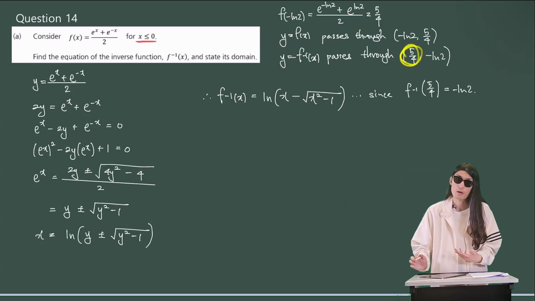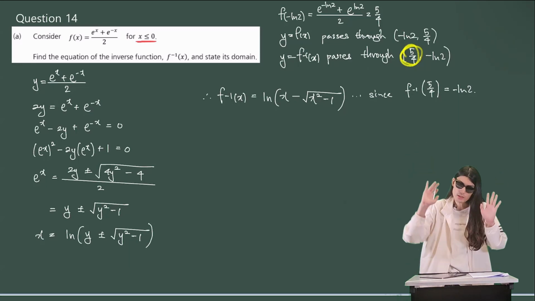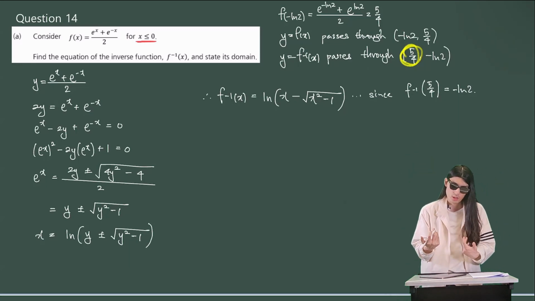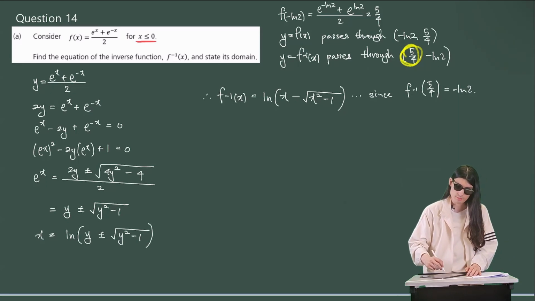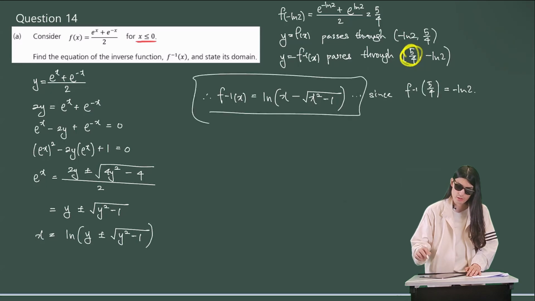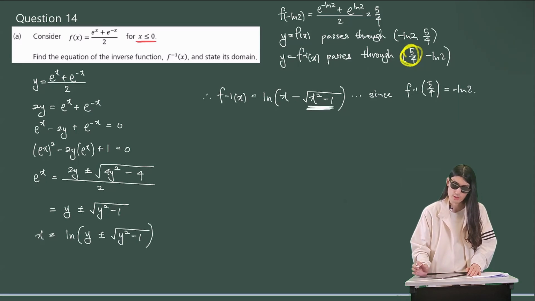And then the domain of it, right? Domain of it, okay? Well, usually the domain of an inverse function, you can find it through the range of the original function, right? However, since we got the equation of the inverse function over here, this time, we can also note the fact that we have x squared minus 1 under a square root, okay?